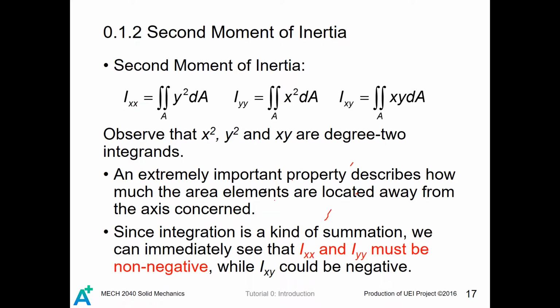Similarly, this is the moment of inertia about the y-axis. The definition is quite similar to the first moment of inertia, except there is a power 2. And by similar reasons, Ixx is greater than or equal to 0, and the same for Iyy.